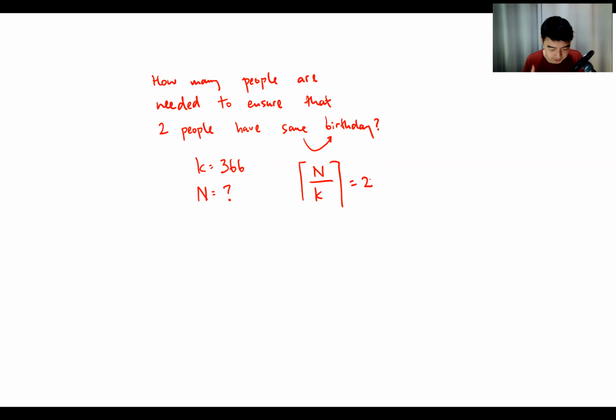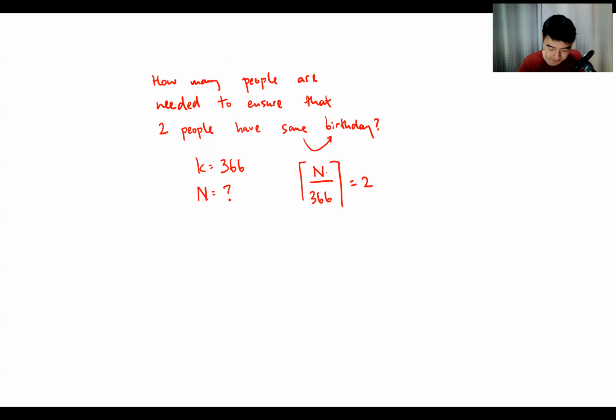Now, intuitively, implicitly in this question, we are asked to find the smallest n. Obviously, if I give you a million people, there are going to be two people with the same birthday. But what this question is asking is, give me the least n, the smallest n, so that this equation is true.